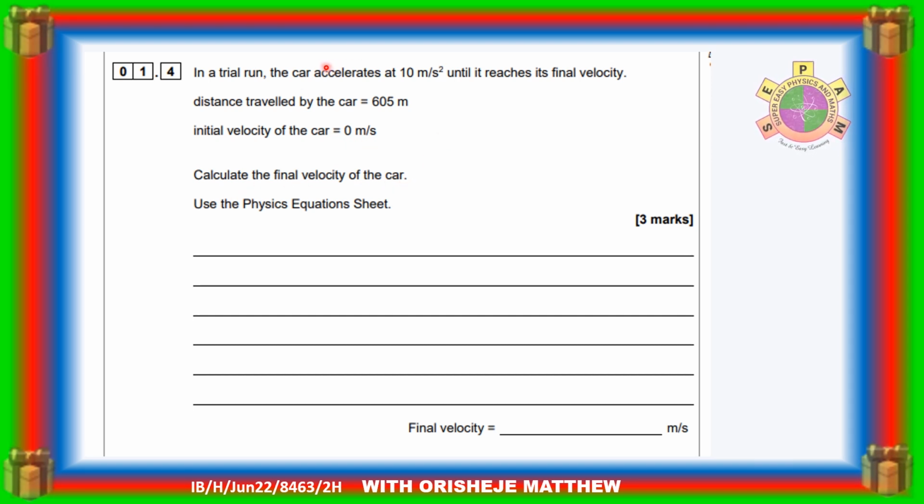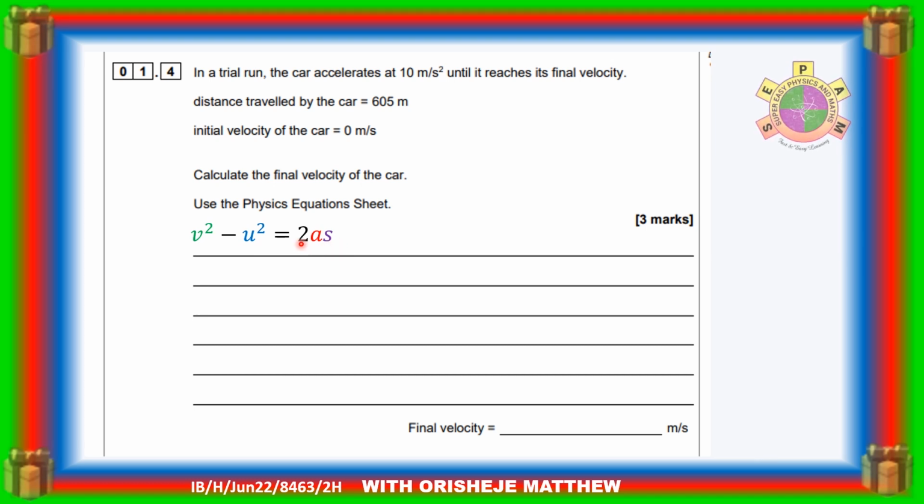So this time, from the equation sheet given to us, we can get the formula that connects these. The square of the final velocity, subtract the square of the initial velocity, gives 2 multiplied by the acceleration, multiplied by the distance traveled.